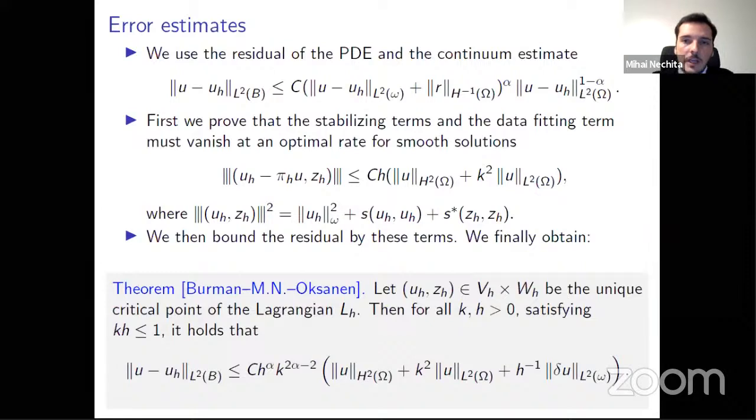So without going into very much detail, one can prove that the stabilizing terms and the data fitting terms, which are measured in this triple norm, converge at an optimal rate for our piecewise affine approximation.